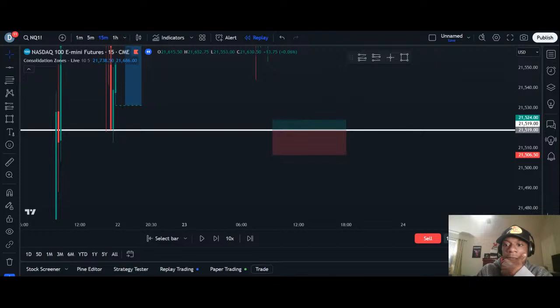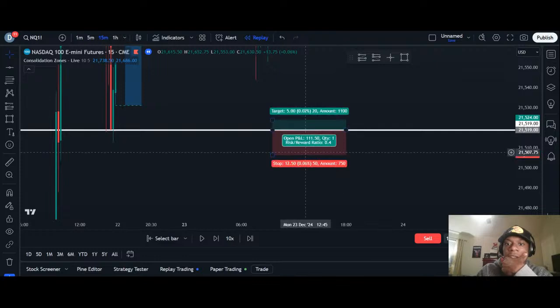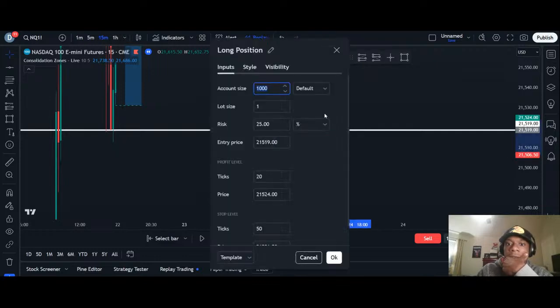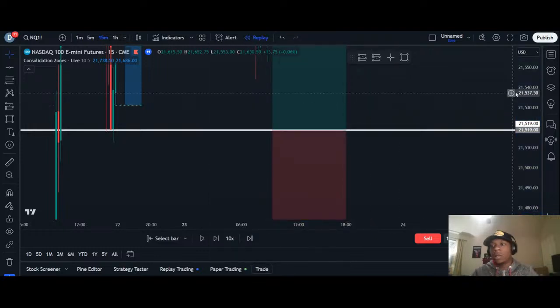So 50 times 15 is 750, so we're going to do a 750 SL. And then 20 times 15 with a 300 tick TP. So this is how it would look.